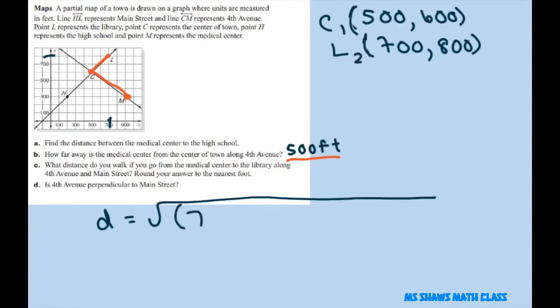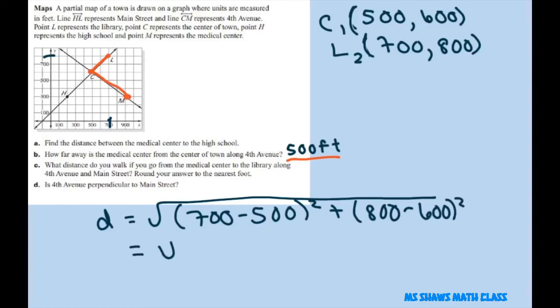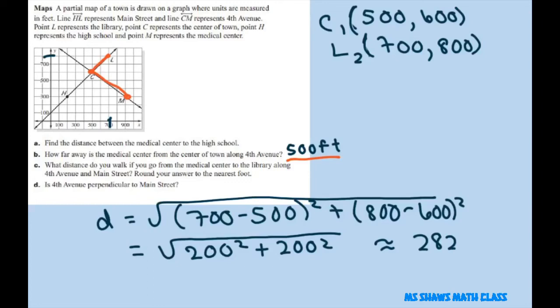So that's going to be 700 minus 500 squared plus 800 minus 600 squared, which gives you the square root of 200 squared plus 200 squared. And when you put that in the calculator, you get approximately 282.84. It's set to the nearest foot, so we're going to round that up to 283.